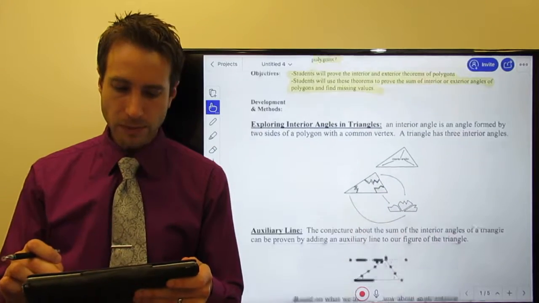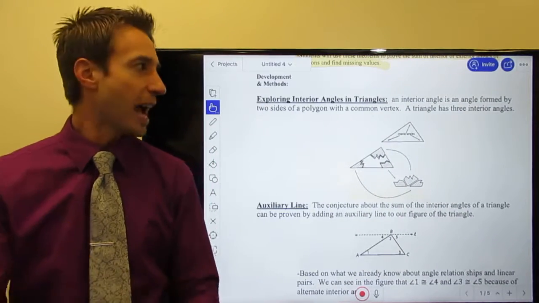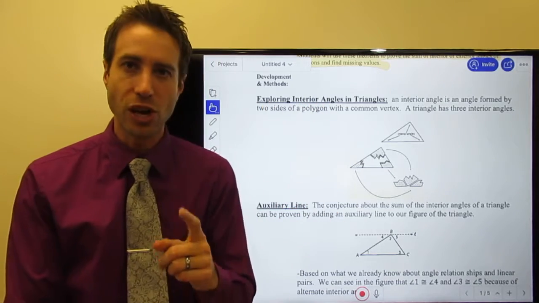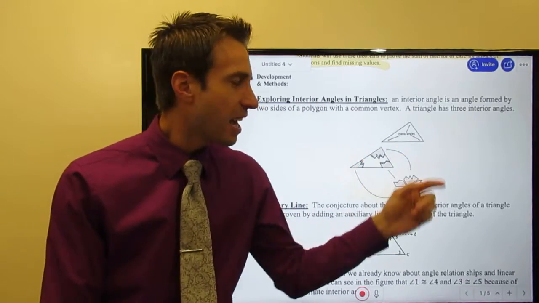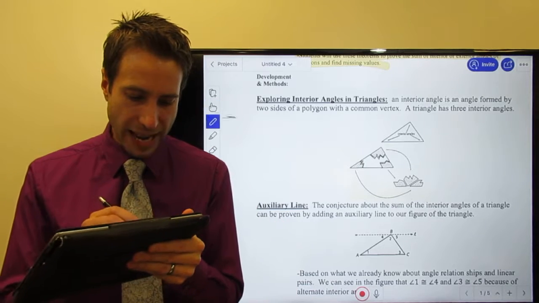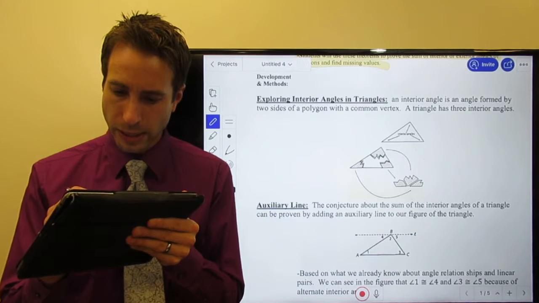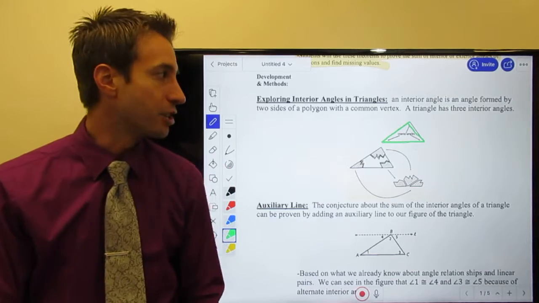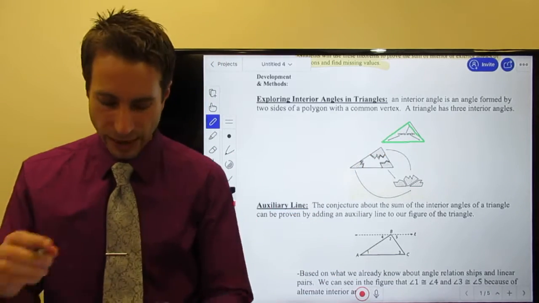First, triangles. Let's explore some things about the interior angles of triangles. I've simply drawn a triangle for you and I have little arrows pointing to the angles of that triangle. Now, I'm just going to rip those angles off, right?